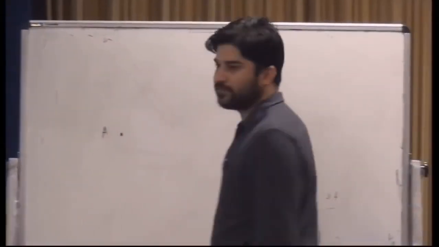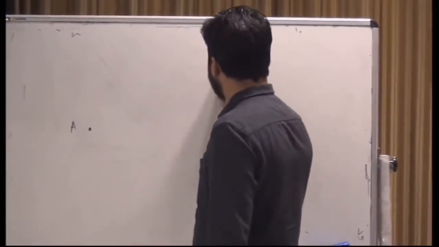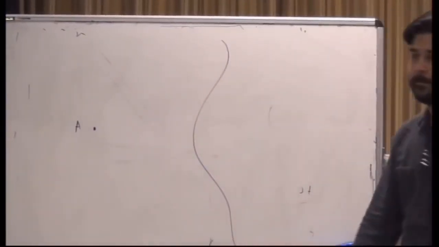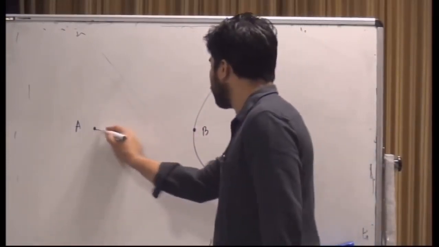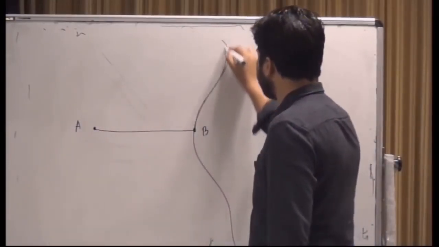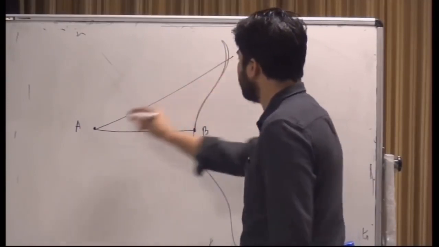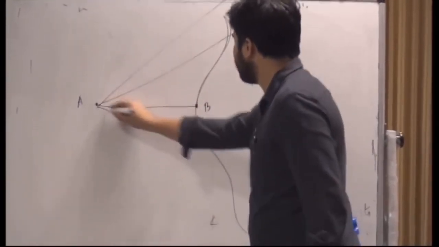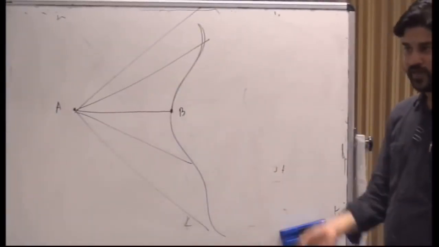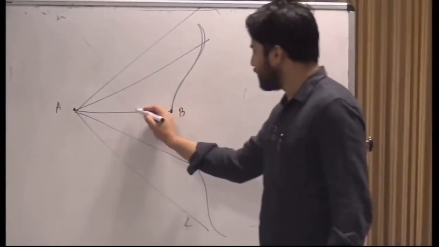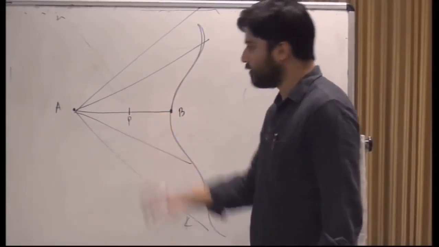A is fixed, and let's say this is the path of B. So this is B, and B is moving this way. So your rod will also be moving this way, right? Your rod will be moving in this direction. So if this is B, the midpoint P is going to be here.